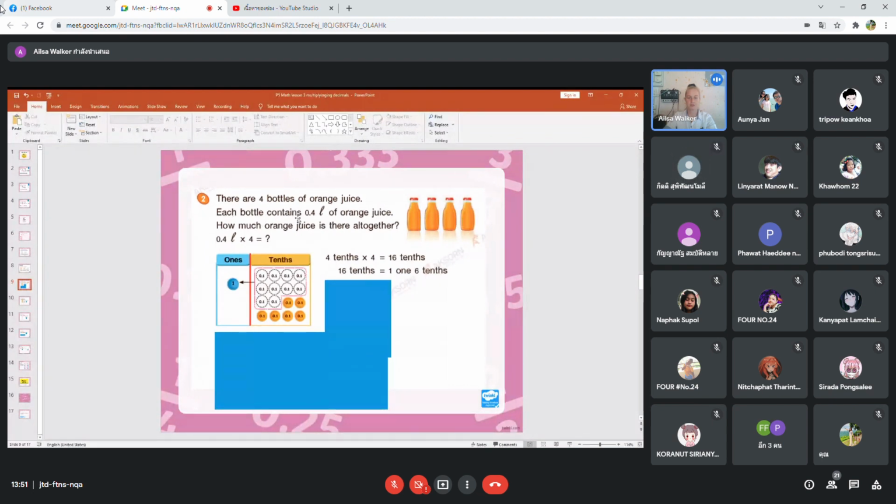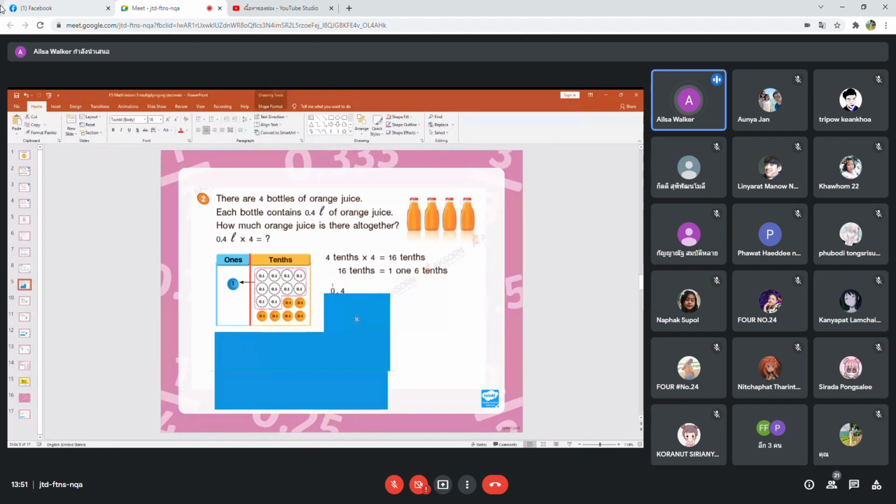Each bottle contains 0.4 liters of orange juice. How much orange juice is there all together? So do we need to add or multiply? What do you think? Multiply. Good.